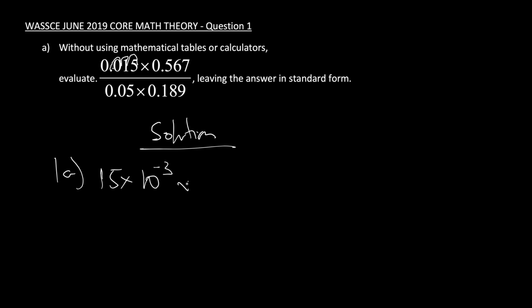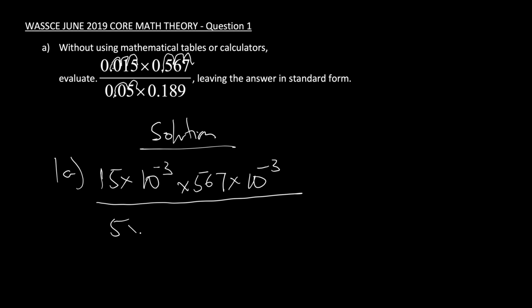So this times 567 times 10 raised to the power negative 3, all divided by 5 times 10 raised to the power negative 2 times 189 times 10 raised to the power negative 3.